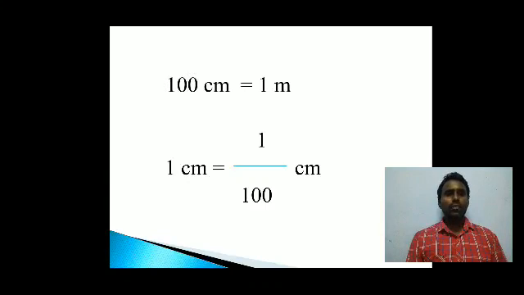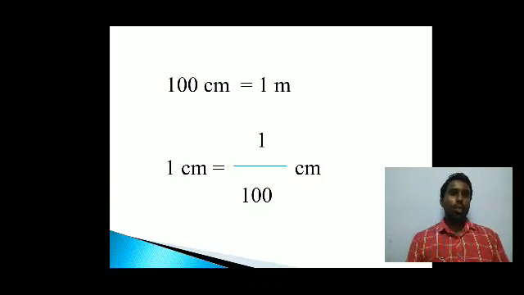Totally, adding them, 100 centimeter will come. So remember, 1 meter is equal to 100 centimeter, or 100 centimeter is equal to 1 meter.